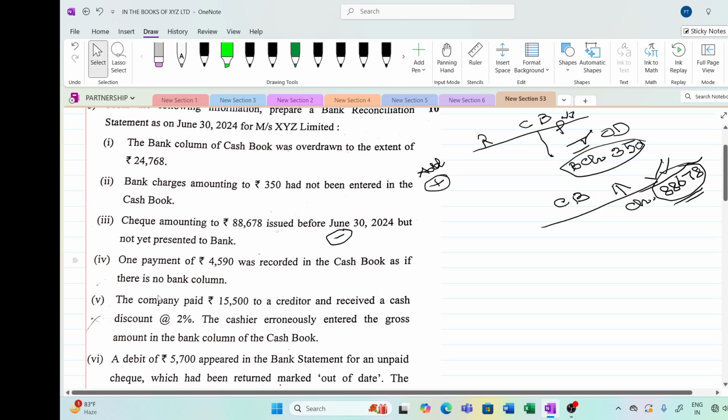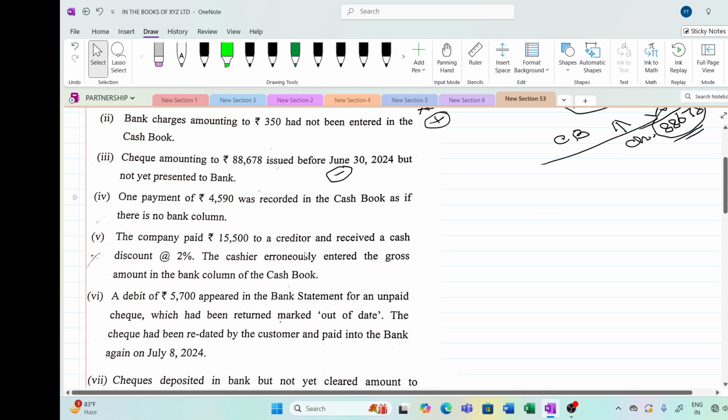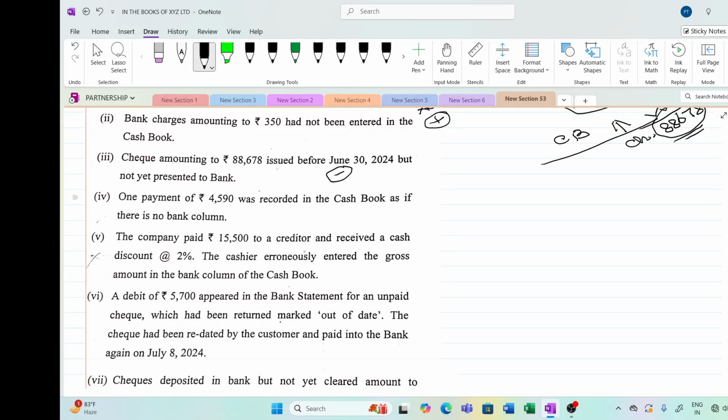Next one is one payment of 4590 recorded in cash book as if there is no bank column. See here, they say that in the cash book, we have two columns. One is a cash column and one is a bank column. All of you know that in the triple column cash book, we have cash column as well as bank column.